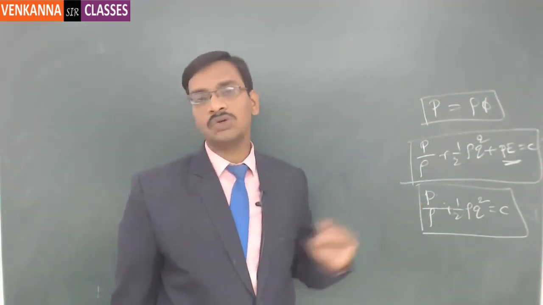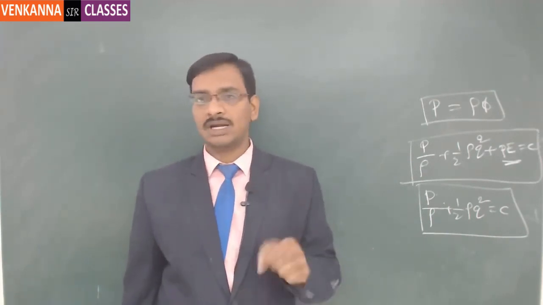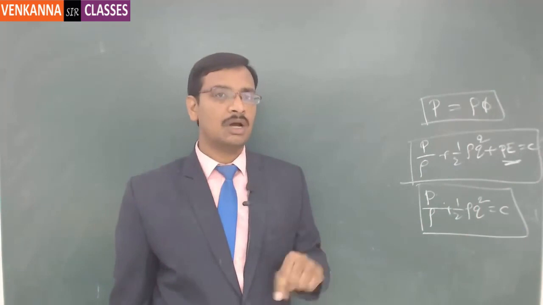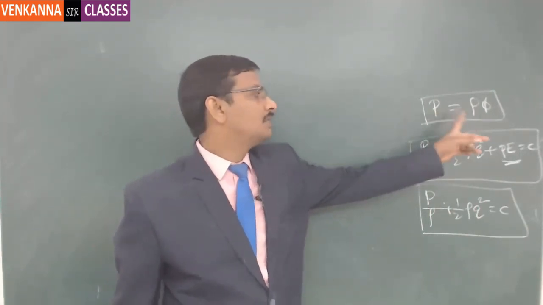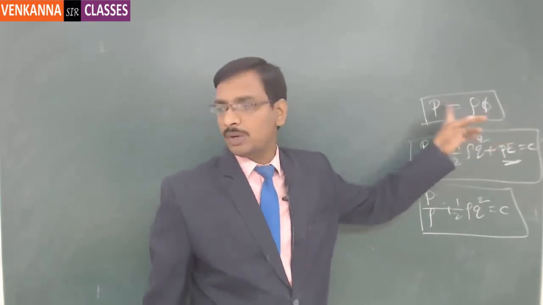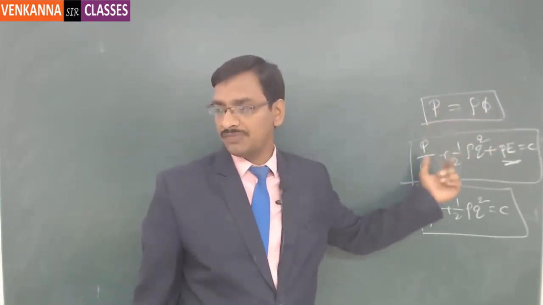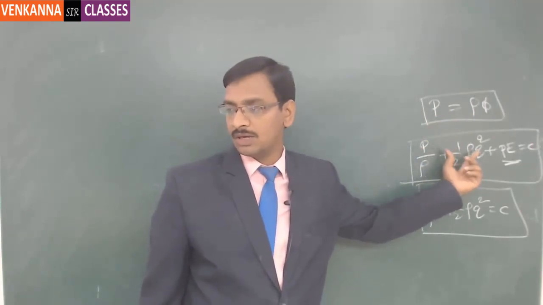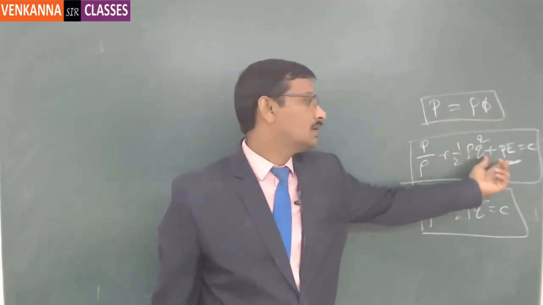Got it? So the questions that are going to be asked are to find the pressure. For that, one relation is that with the help of the scalar potential you will be able to find the pressure. If you want to relate this pressure with the velocity, then P by rho plus half rho Q square is the constant.